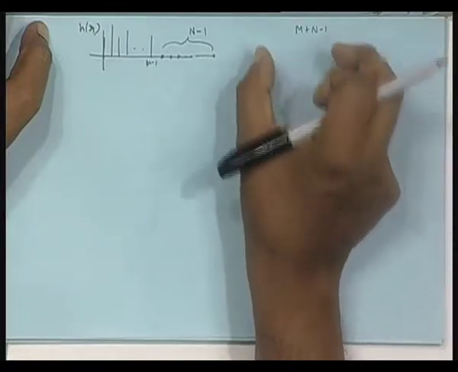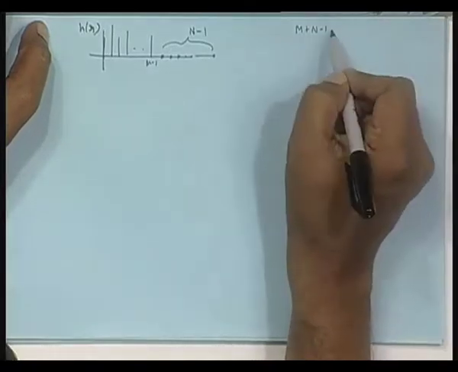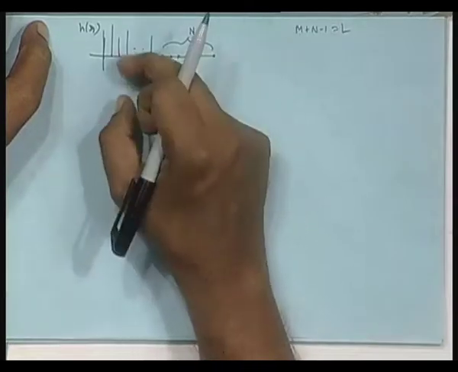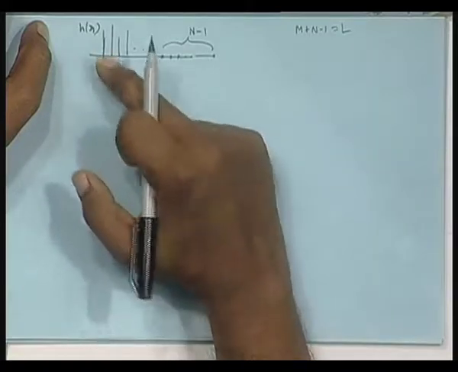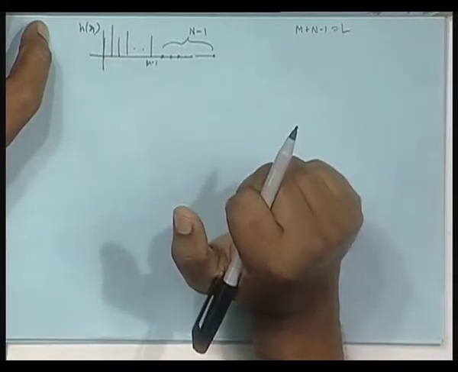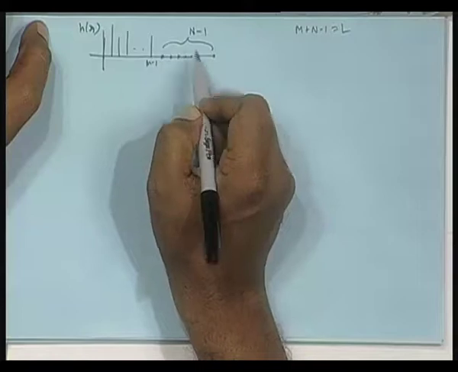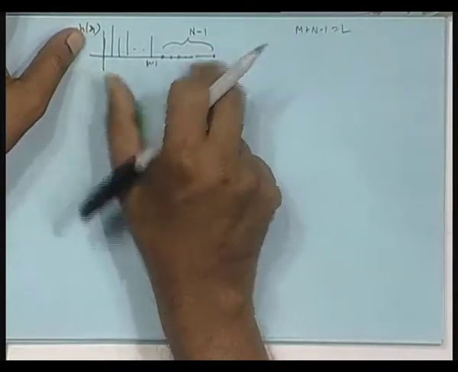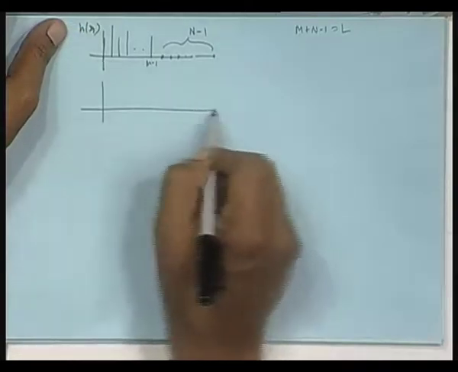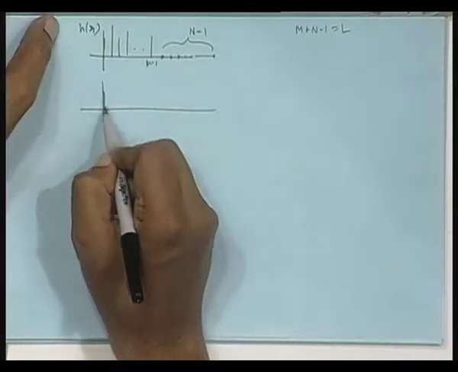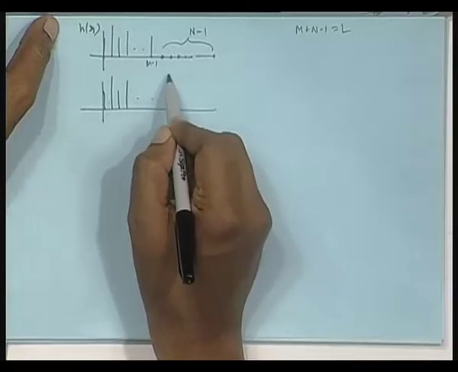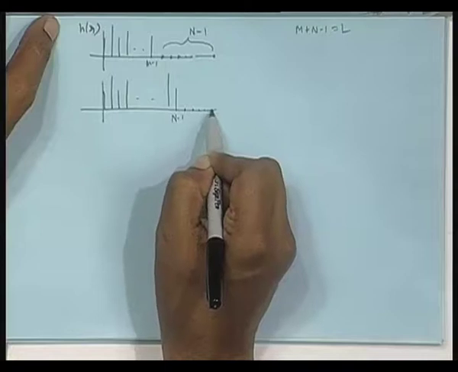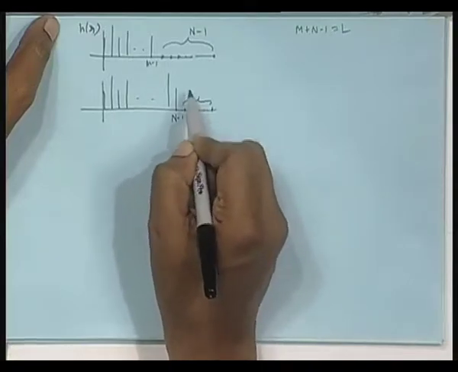That is, the output y n has a length of this, you can call it capital L. So, I want to make both input signals, h n and x n, the same length. I appended extra zeros, already it was M, now N minus 1, so M plus N minus 1, its length is L. Similarly, I do the same thing for x: N plus M minus 1, how many zeros? M minus 1 zeros.